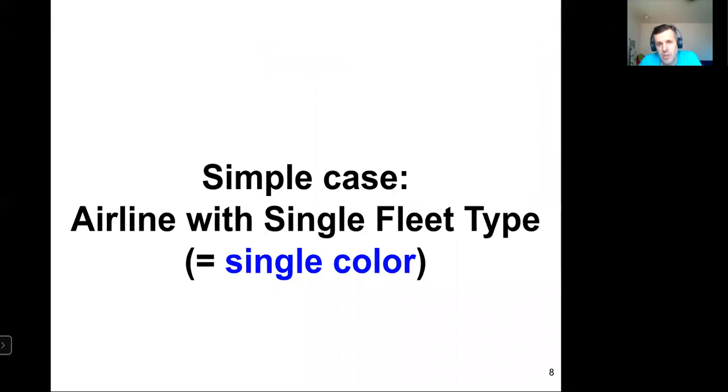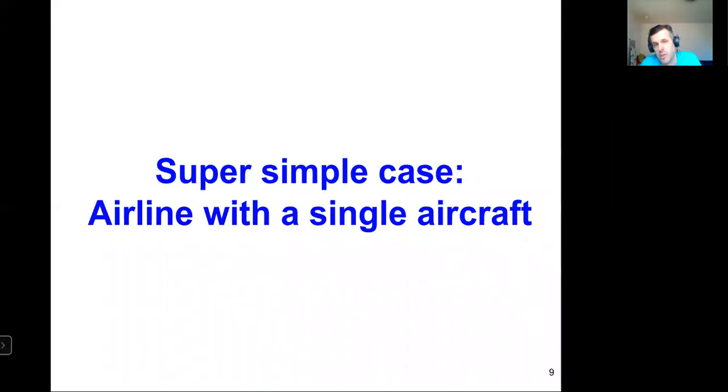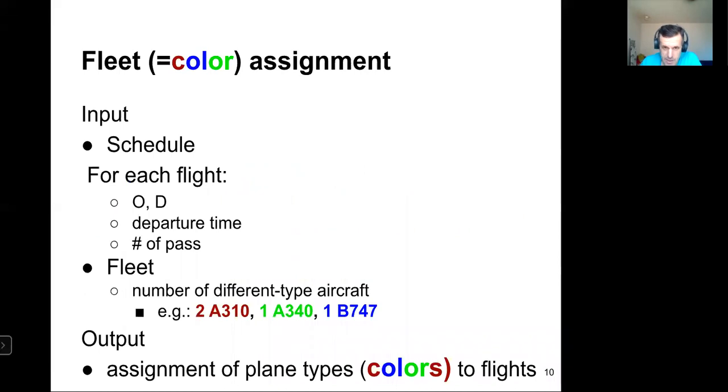So we will start with a really simple case, an airline that has a single fleet type and hence a single color. In fact, we will be starting with an even simpler case, a super duper simple case, an airline with just a single aircraft. Okay. And thinking of the problem that we have to color the flights by the different colors or different fleet types.